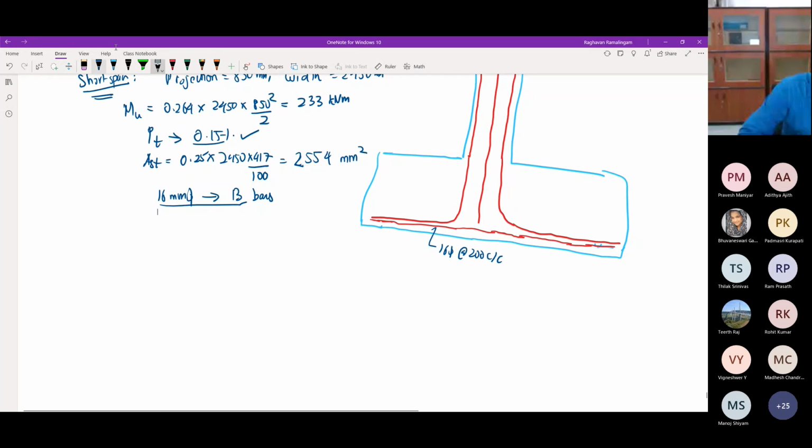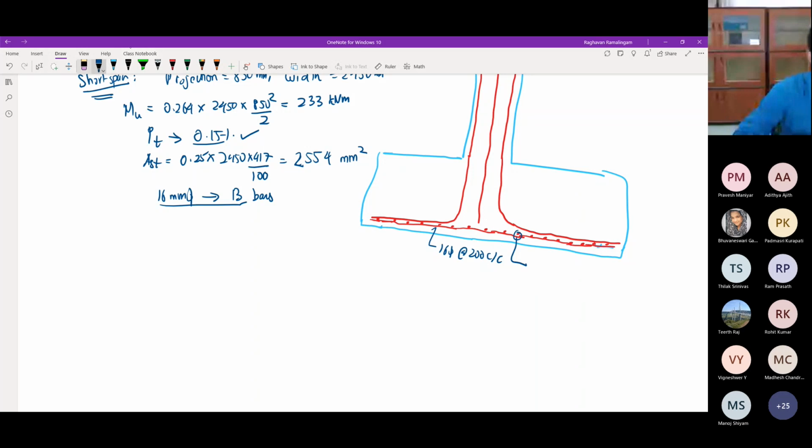So that will be shown above this. Sorry, what is B bars?